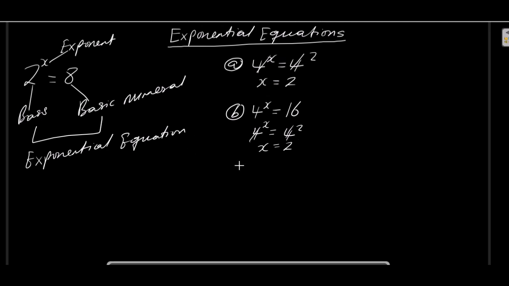Now, the third one is the case whereby the bases are not the same and we can't make either of the bases the same. For instance, if we have 4^x = 15, if you look at this expression, you will notice that we cannot make either of these bases the same.